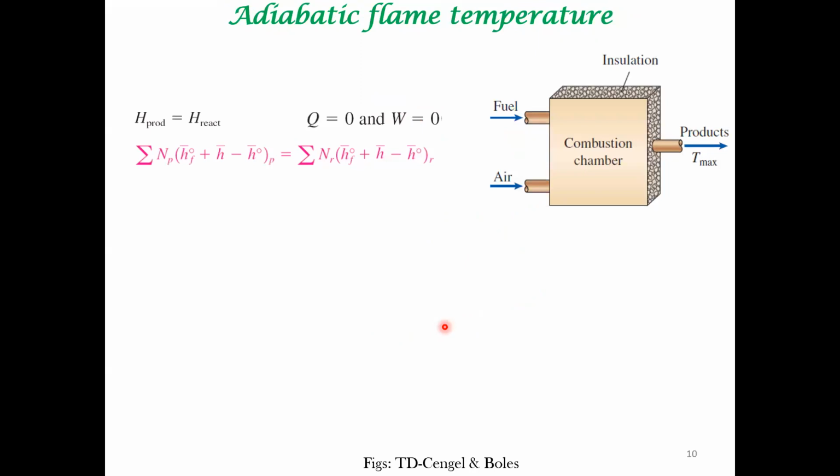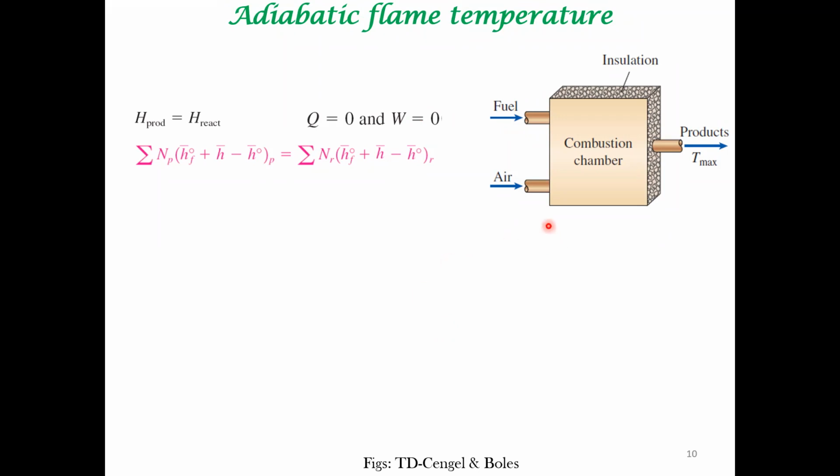And then there's another jargon that is typically very useful, adiabatic flame temperature. In this case, there is no heat transfer to the environment. All the heat that is released due to combustion is being utilized for raising the temperature of the products. So this is the maximum temperature to which the products can be raised, because there is no work transfer, there's no heat transfer to the environment.